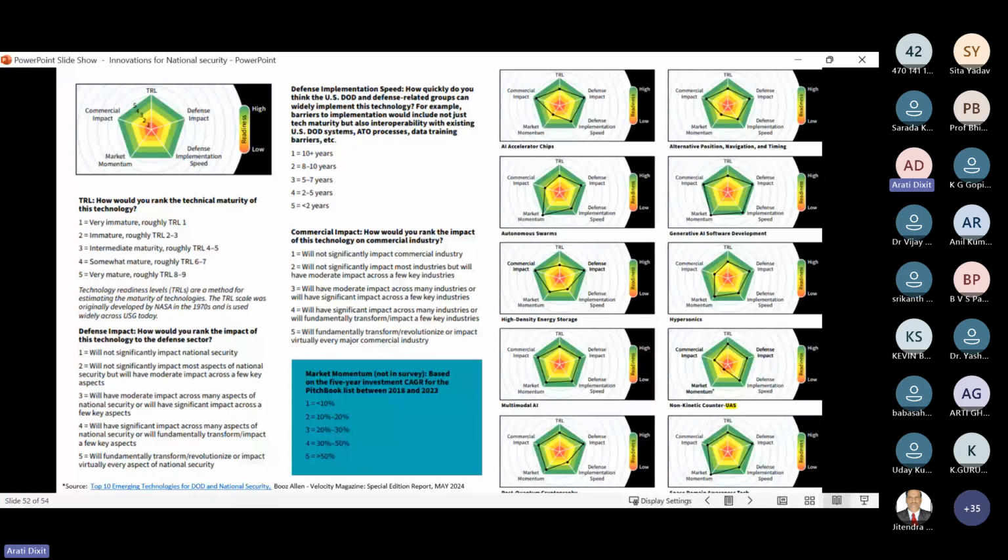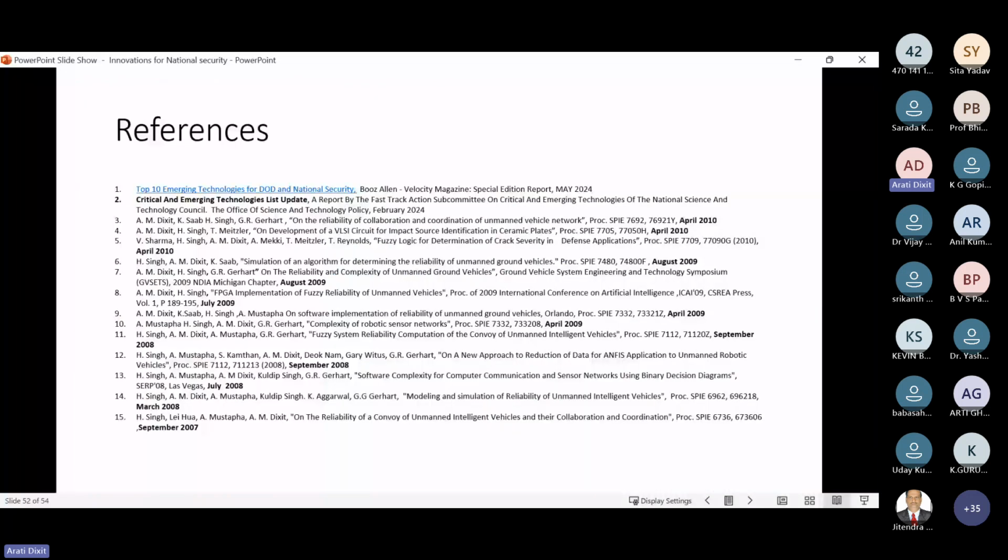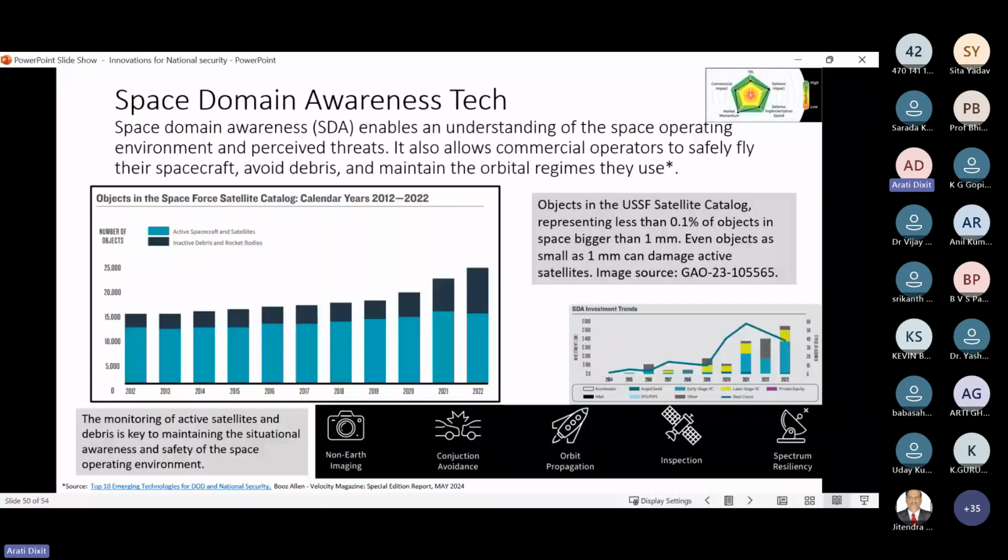So the whole idea of bringing this together was to give you a glimpse of different technologies that are of significance. If you take any small problem, you see that it might need more than one of these technologies to impact the solution.